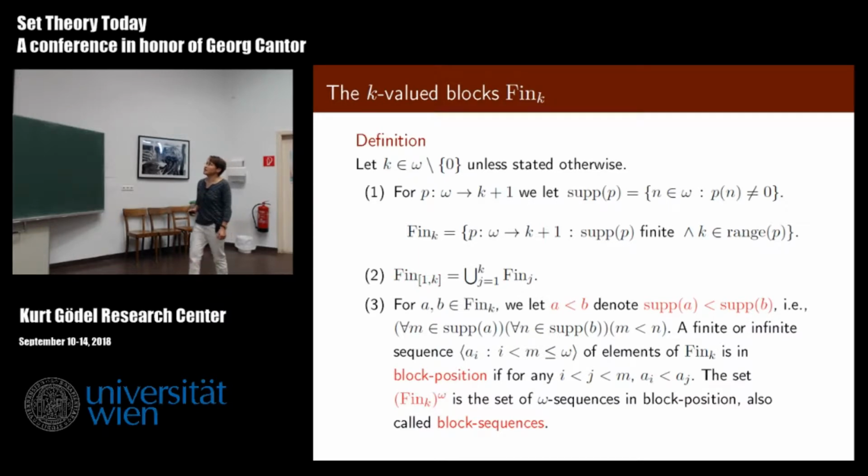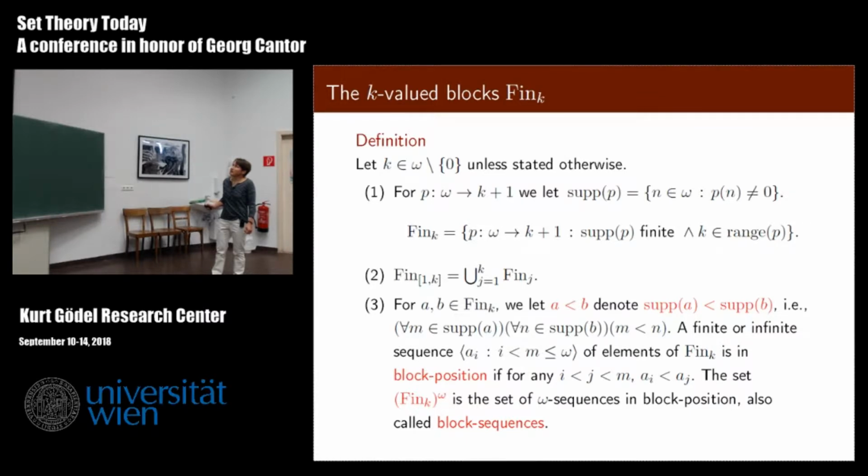Now we want to work with sequences of blocks, but we can handle only good sequences, the ones in so-called block position. So we have two functions here, and one function is smaller than the other if its support lies entirely before the support of the greater one. So everybody in the support is smaller than everybody in the other support.